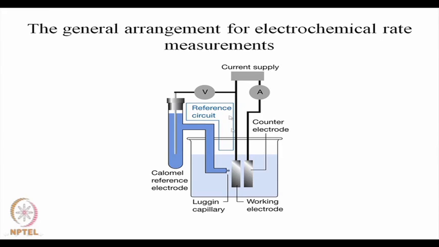There is an ammeter. This is your working electrode, where the reaction is taking place, and this is your counter electrode, which completes the circuit.